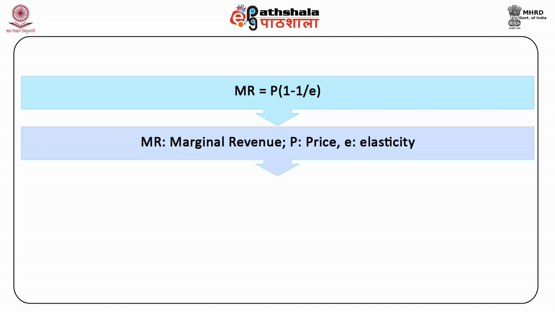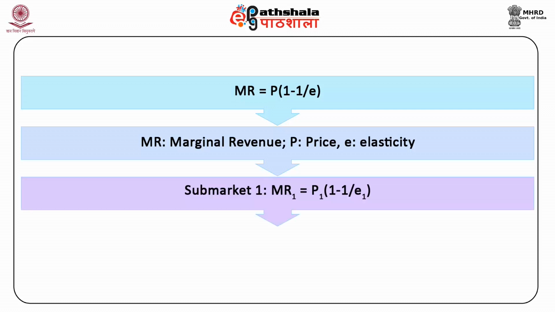In case of price discrimination in sub-market 1, MR1 equals P1(1 minus 1 upon E1), where MR1 is the marginal revenue in sub-market 1, P1 is the price in sub-market 1, and E1 is the price elasticity of demand in sub-market 1.